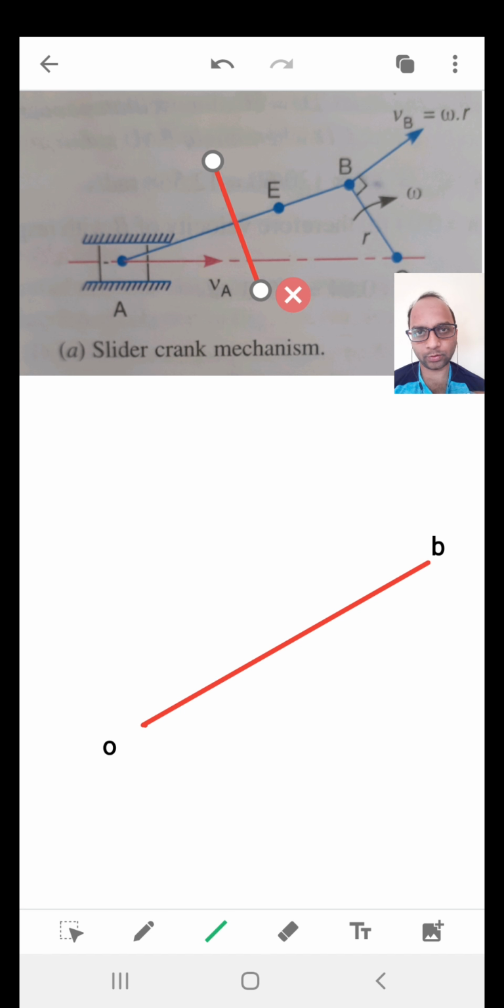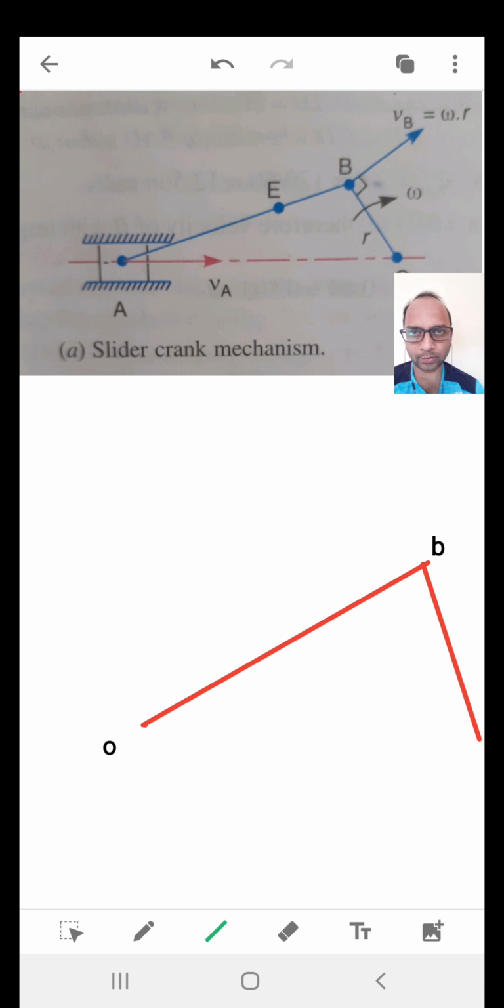So this is a perpendicular to the AB line. After that, I mark A and draw the perpendicular to the AB line.